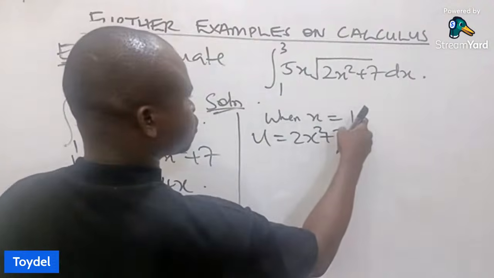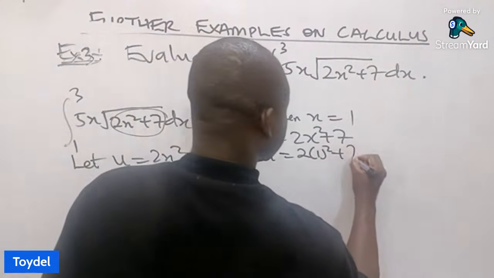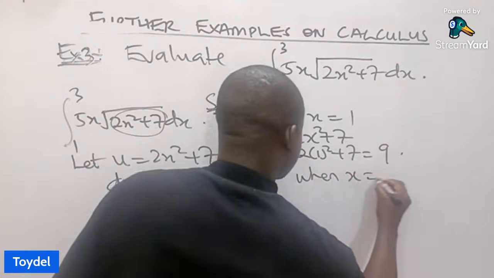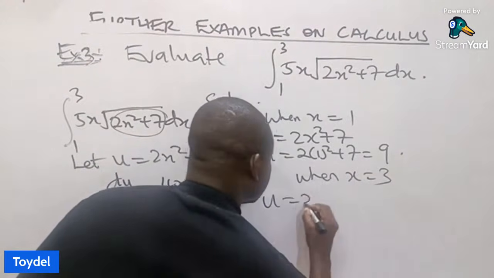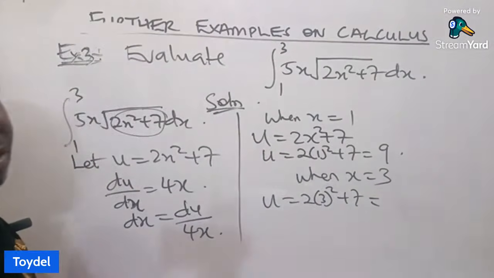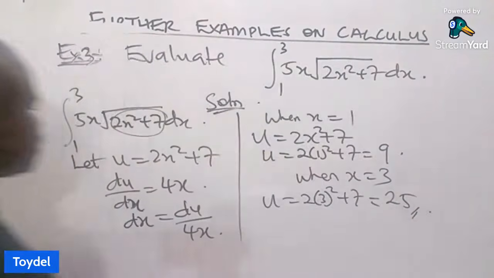So when x is equal to 1, u is 2 times 1 squared plus 7, and that's 9. When x is equal to 3, u is 2 times 3 squared plus 7. 3 squared is 9, 9 times 2 is 18, plus 7 is 25.